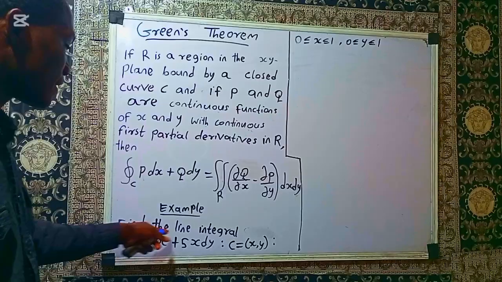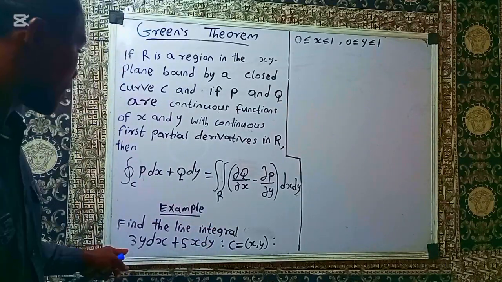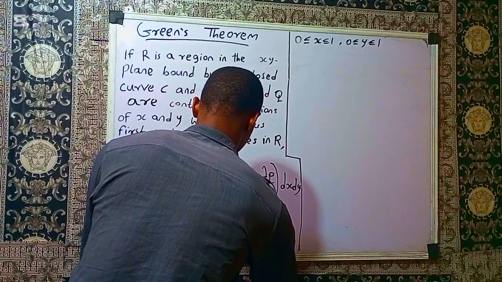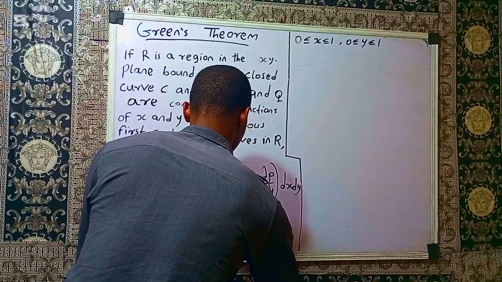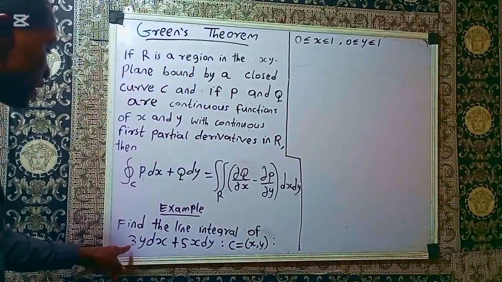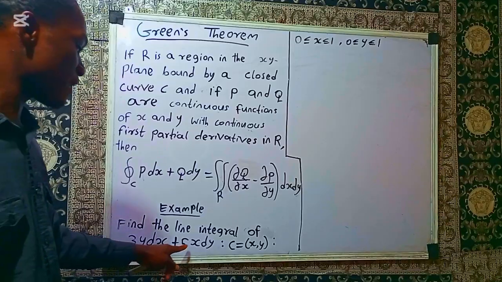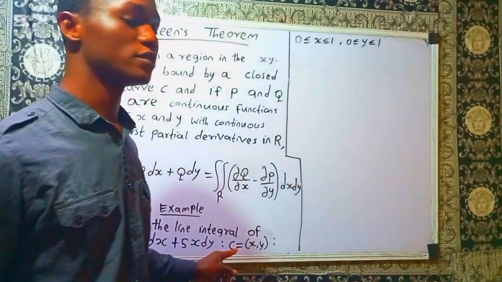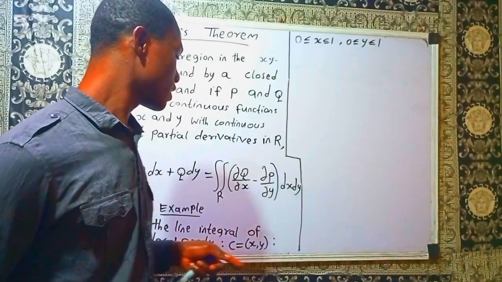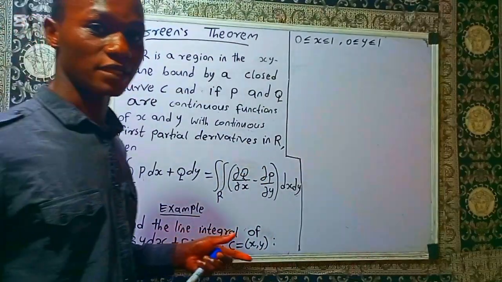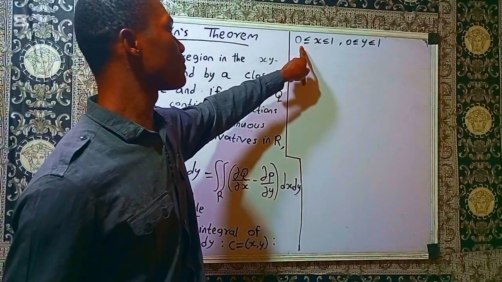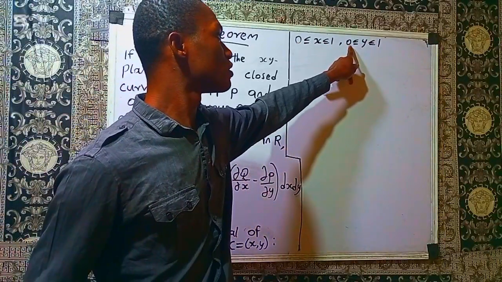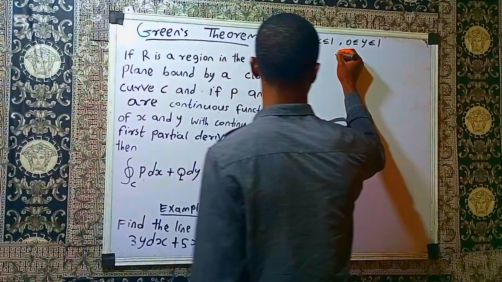They ask us to find the line integral of 3y dx plus 5x dy, where the curve C is a straight line, with x lying between 0 and 1 and y lying between 0 and 1. So, solution.